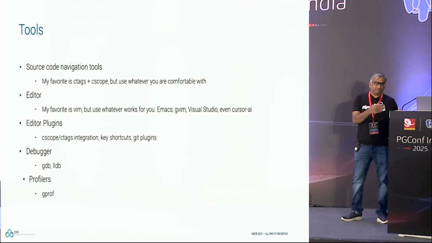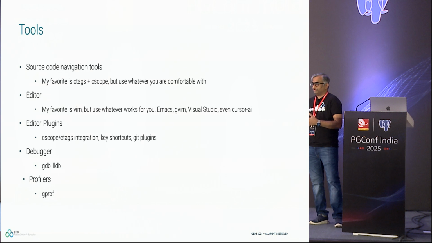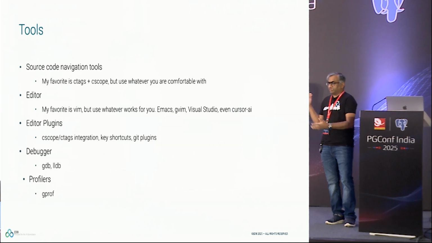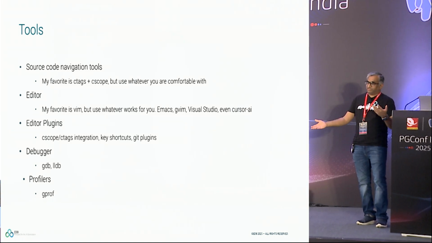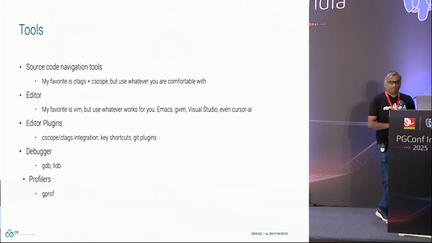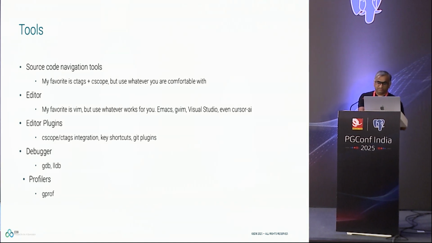A lot of my friends now tell me that maybe I should look at something like Cursor AI, which is probably much more powerful. And I'm not going to say Emacs. I used Emacs for a couple of years after graduating, but for the last 20 years I've been hooked to Vim, ctags, cscope. You can find your own nice spot.